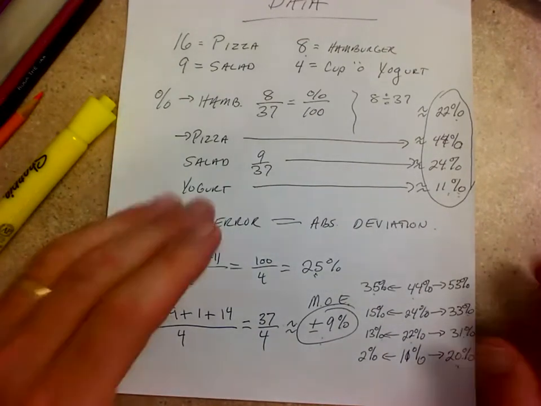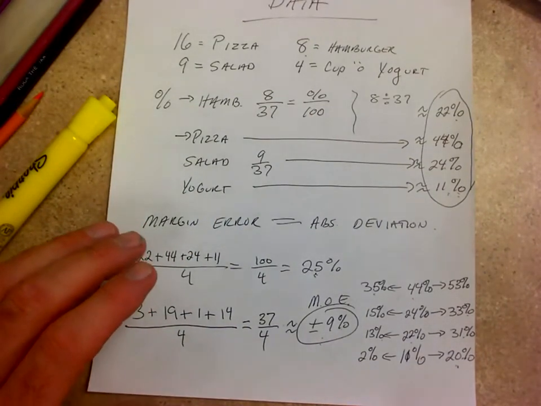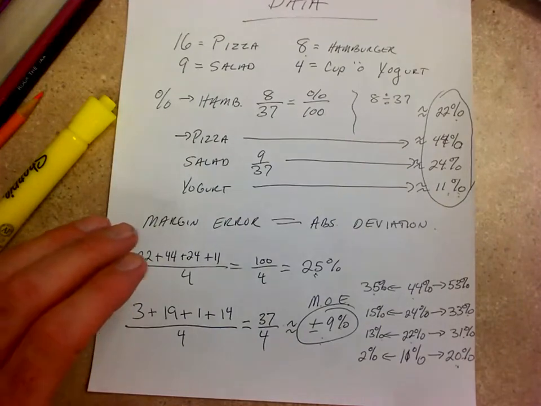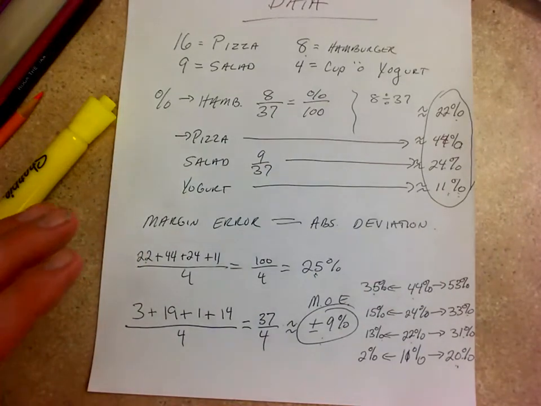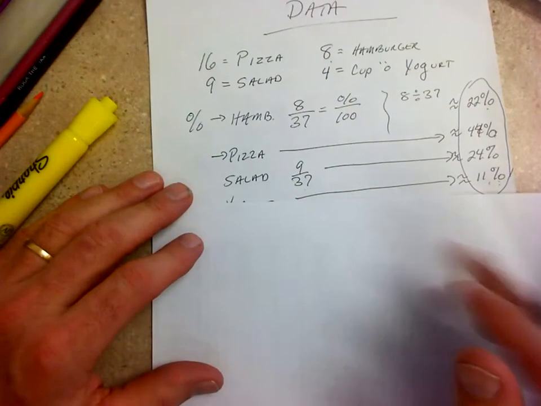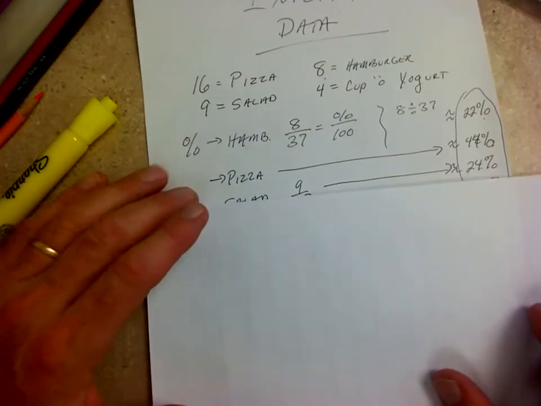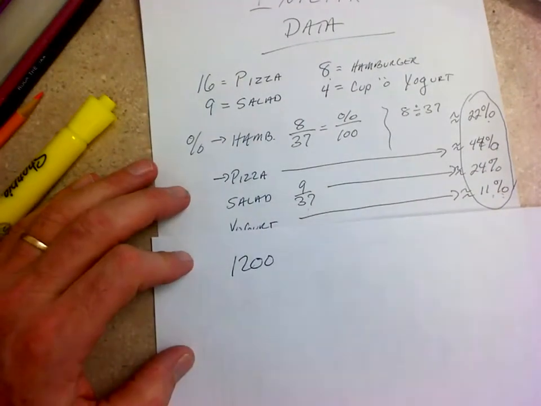All right, and the other thing you're going to be asked to do is some predicting. Going to have to do some predictions. And when we predict, we've got a couple choices if we have percents at our disposal. We did an interview of 37 people, but if we wanted to do the entire middle school, we're made up of 1,200 students.